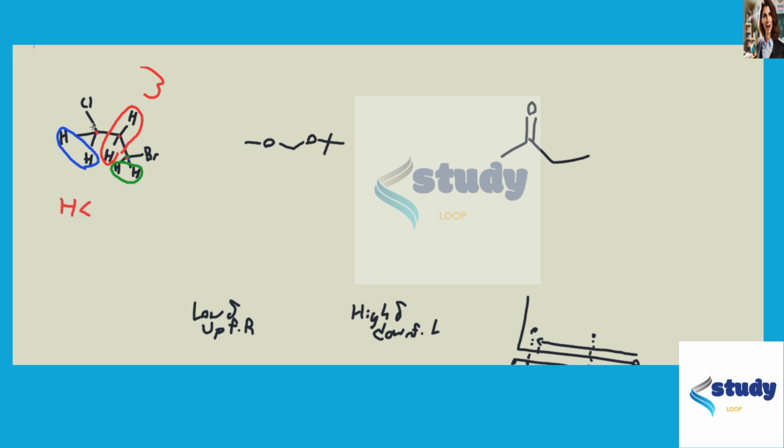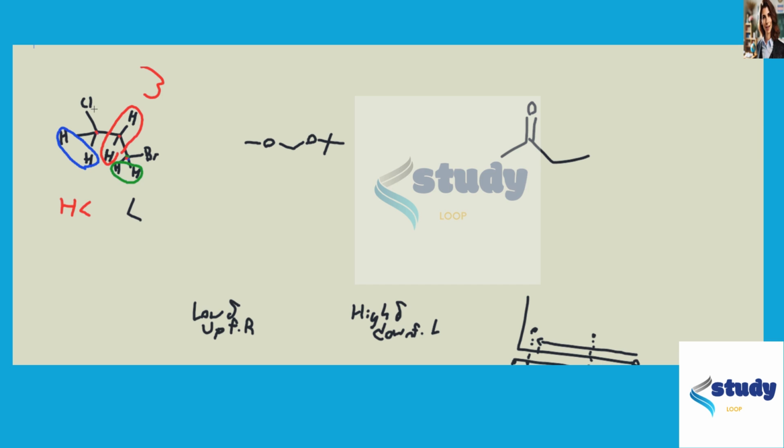Now we have two more protons left, one being the blue, one being the green protons. We know that the largest chemical shift value, or the more downfield shifted, is going to be the most deshielded proton. So whichever of these halides is most electronegative is going to cause our protons to be most deshielded and give us the largest chemical shift value. We know that chlorine is more electronegative than bromine, because following the trend going right to left, and up on the periodic table, chlorine is more electronegative than bromine.